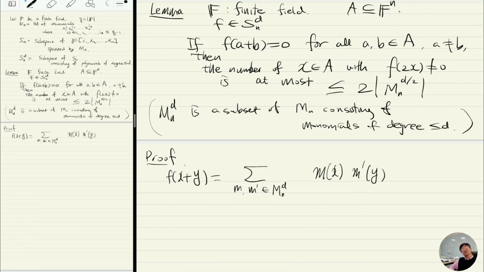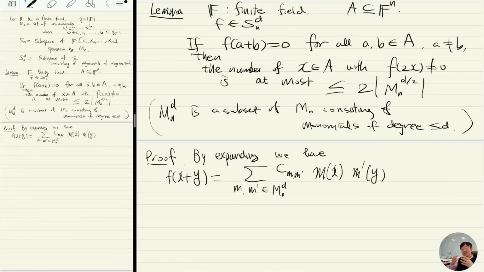Oh, but okay, let's write coefficients, C_m, because I may need a 0. So by expanding, we have these equations, right?